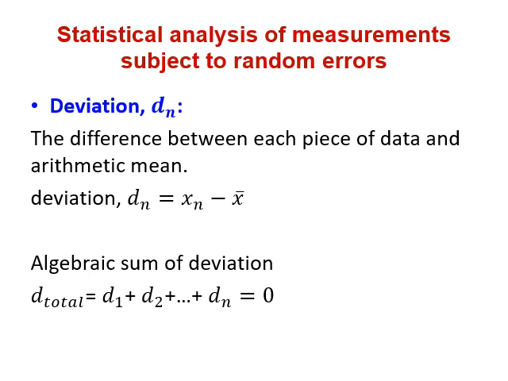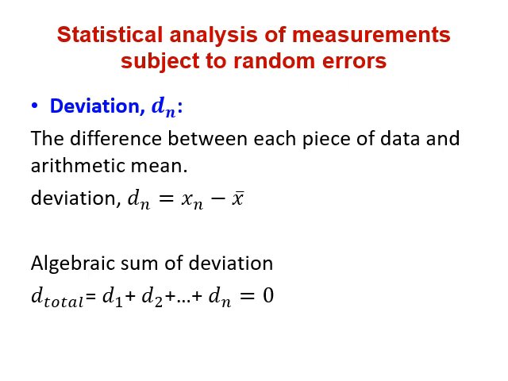Deviation is the difference between each piece of data and the arithmetic mean. So here we evaluate, for each piece of data, how far the data is from the mean, which is considered the deviation.